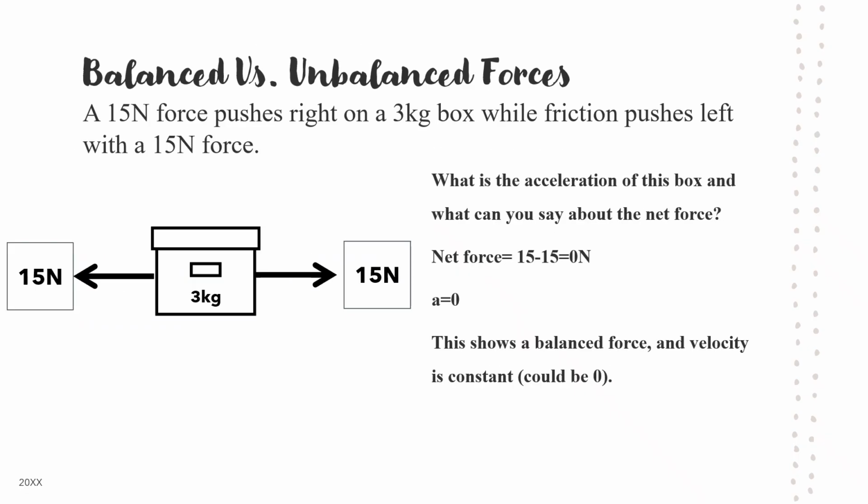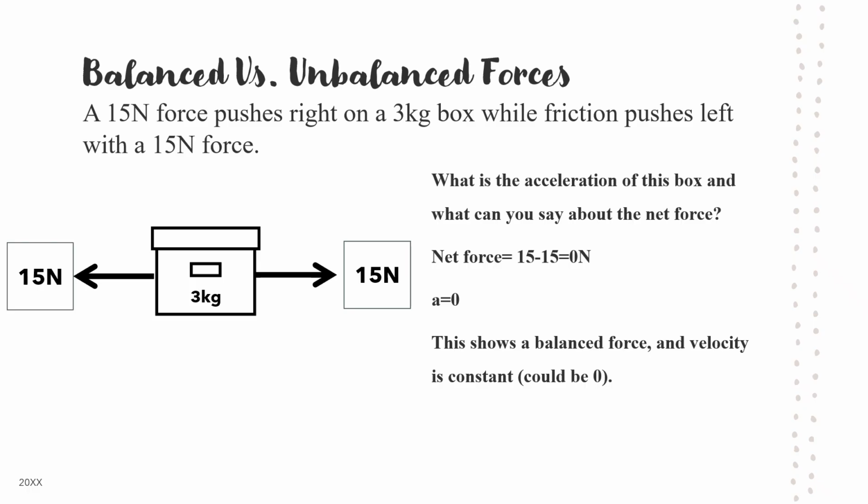So this is another example, and we're going to see a force that is going in two different directions. Let's go ahead and read the question. It says a 15 newtons force pushes right on a 3 kilogram box, while friction is pushing left with a 15 newtons force.